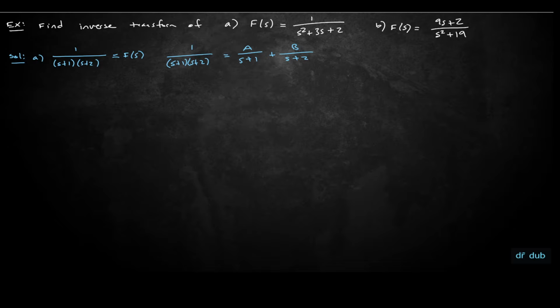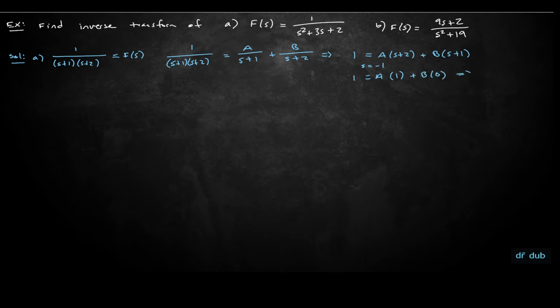And probably the easiest way to do this one is to cross multiply, say 1 equals a times s plus 2 plus b times s plus 1. And then pick specific values of s to plug in. So I'll plug in s equals -1. You get 1 equals a times 1 plus b times 0.